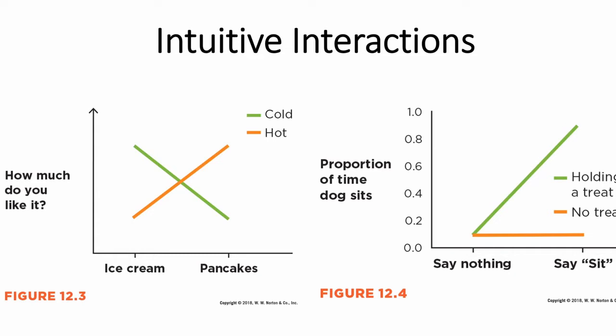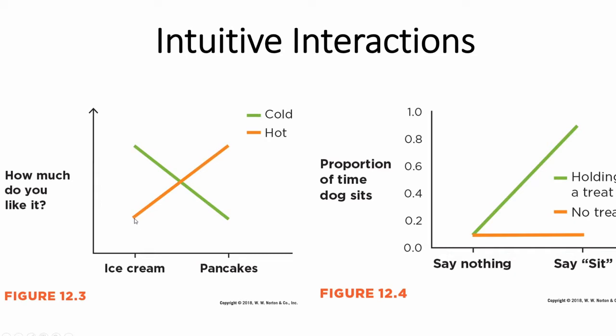In a lot of cases, your liking of a food being hot is going to depend on what kind of food it is. So this graph here, as weird as it is to graph this, is saying that we have our enjoyment of a food on this axis and then the kind of food on this axis, with our two variables, hot versus cold, shown in different colors.